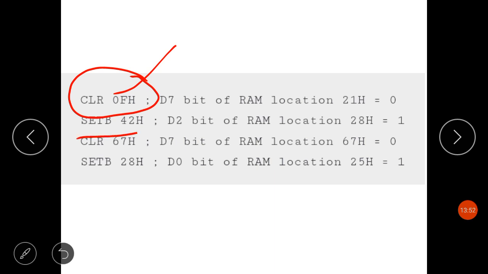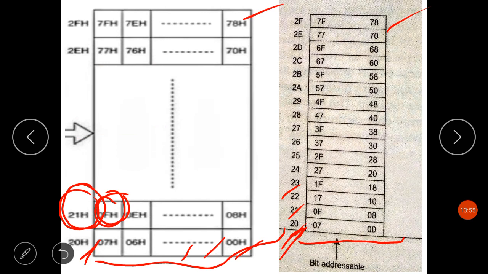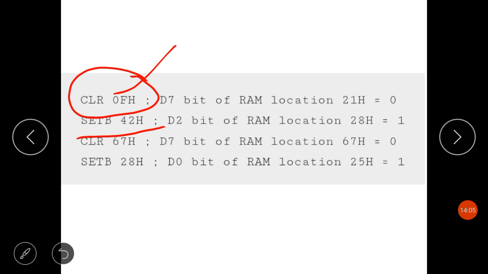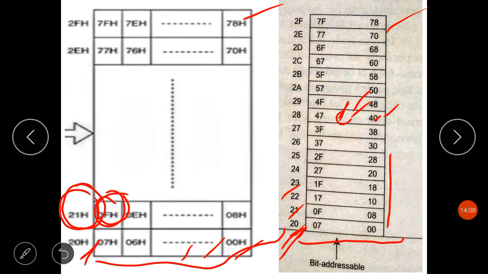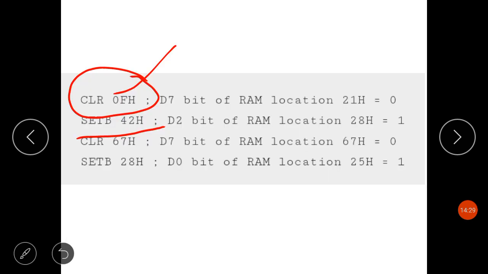Again, if I am writing SETB 42H, you can see every bit has an address, and 40, 41, 42, so 42 will be the second bit, D2, of the 28H memory location of the bit addressable memory of the 128 bytes of RAM. The D2 bit of this memory will get set.